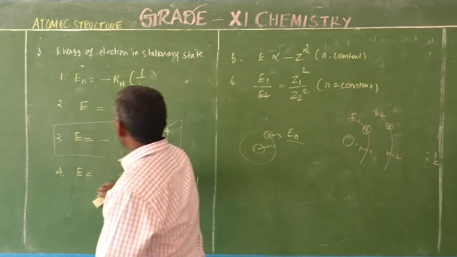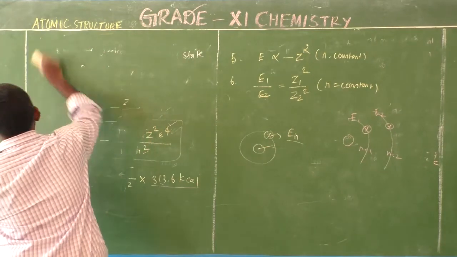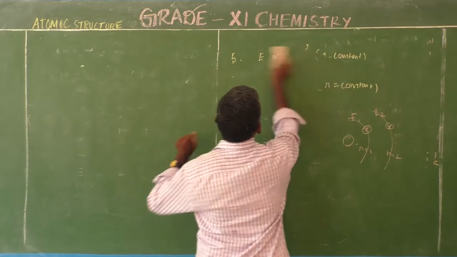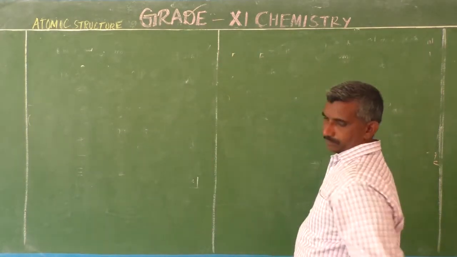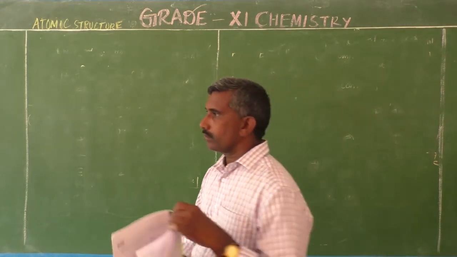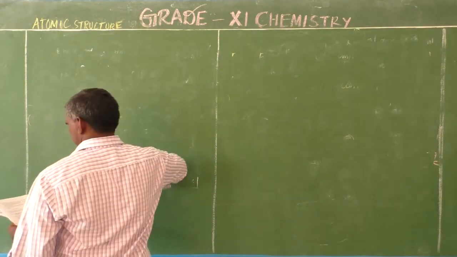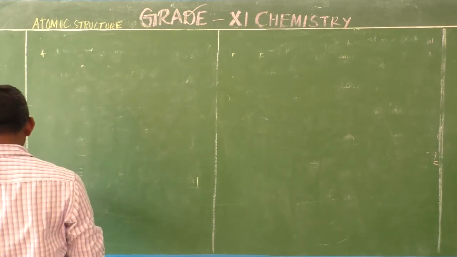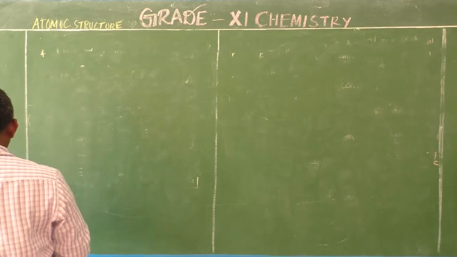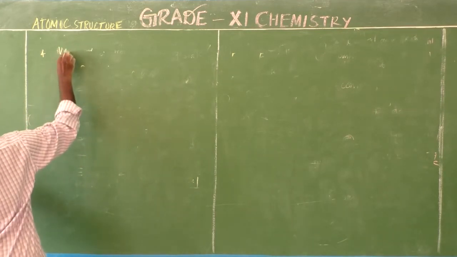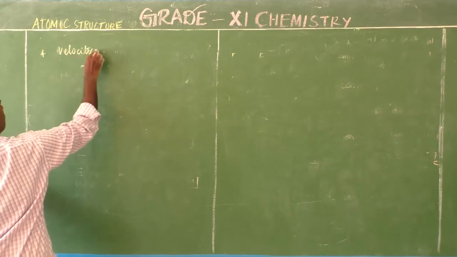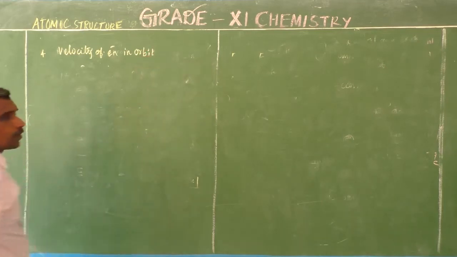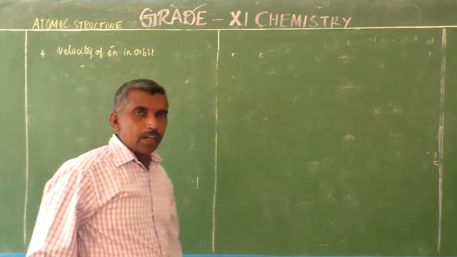Now the fourth postulate for hydrogen atoms: velocity of electron in orbit, that is, the speed of the electron in orbit.